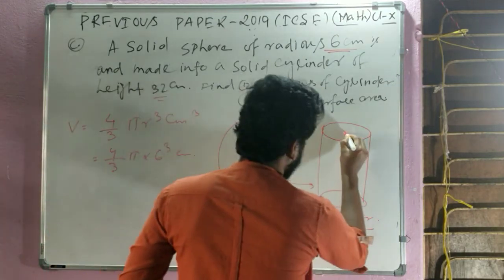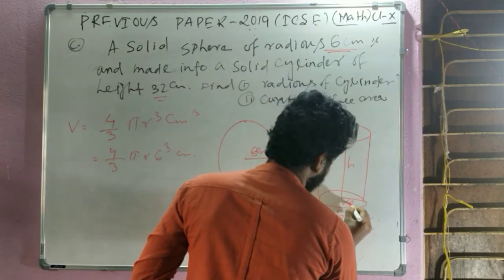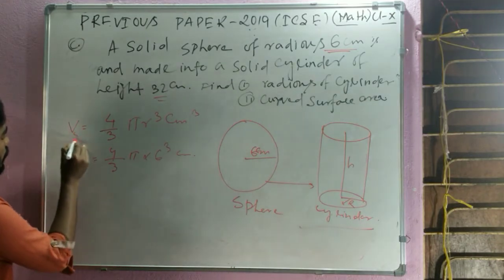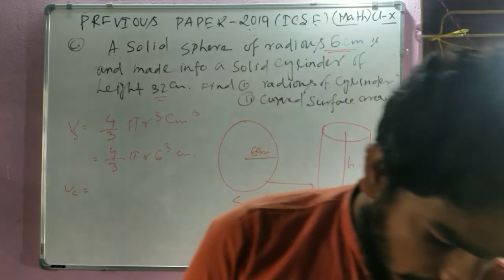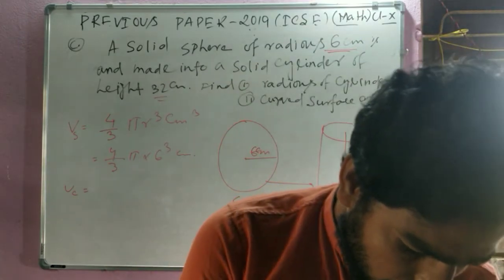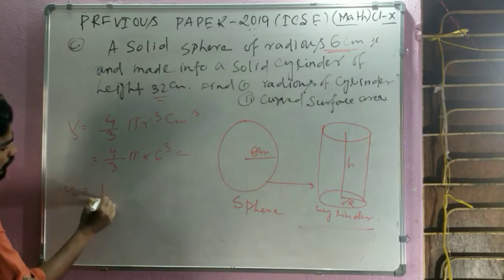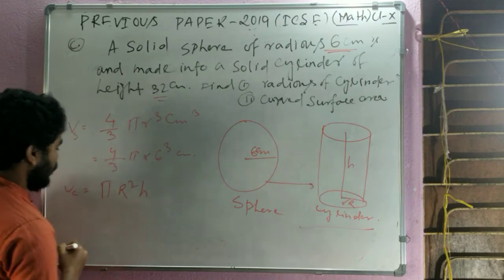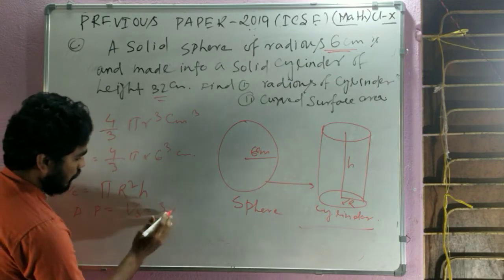Given the height of the cylinder, find the radius of the cylinder. Volume of the sphere and volume of the cylinder. Volume of the cylinder is pi r square h. According to the problem, Vs equals Vc.